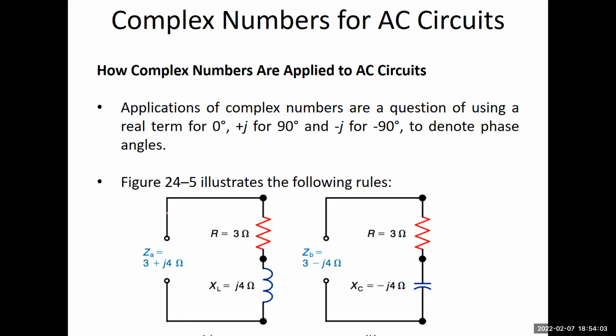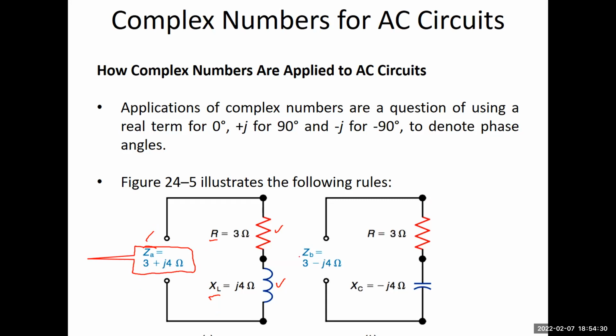Okay. So we have a series resistance here and a series inductance here. So this is for the impedance, which we have 3 plus j4 ohms. Again, Z stands for the impedance, R for resistance, and XL for inductive reactance.